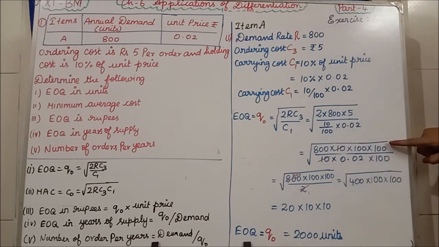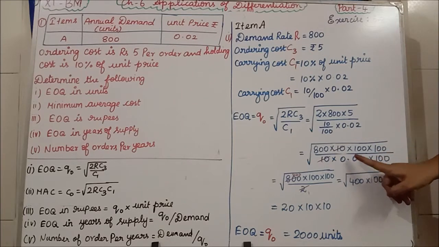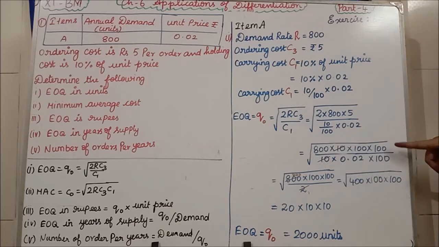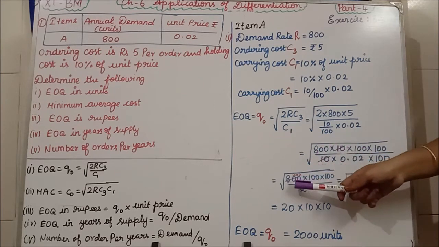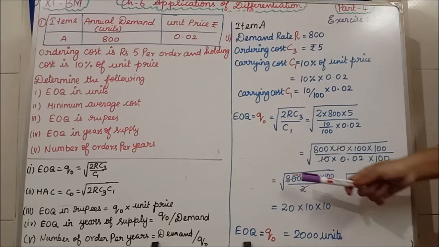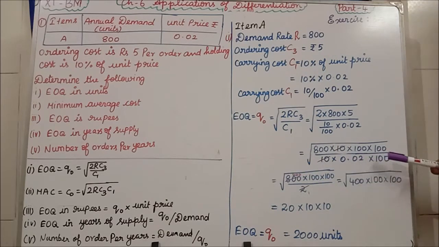Why I have written 100 by 100: see, after the decimal we have 2 digits, so we can multiply both numerator and denominator by 100, isn't it? So that 100 and the 10 cancel. So 800 into 100 into 100 divided by 0.02 into 100, which is 2.